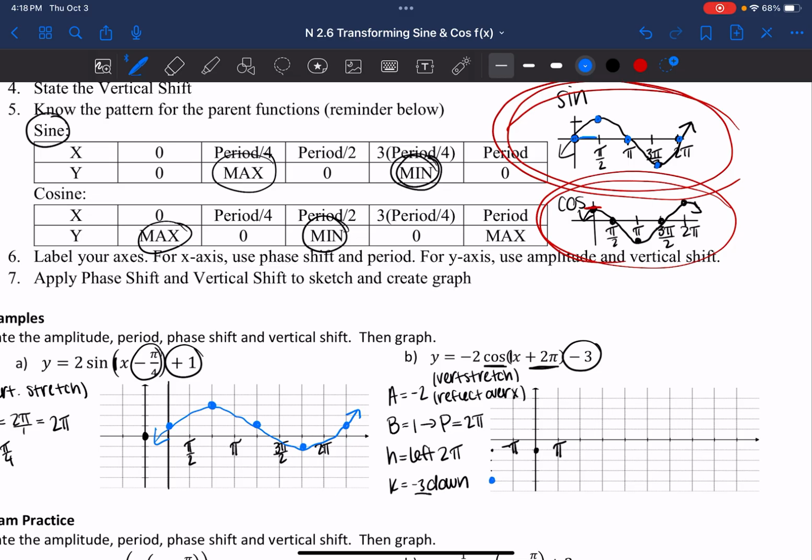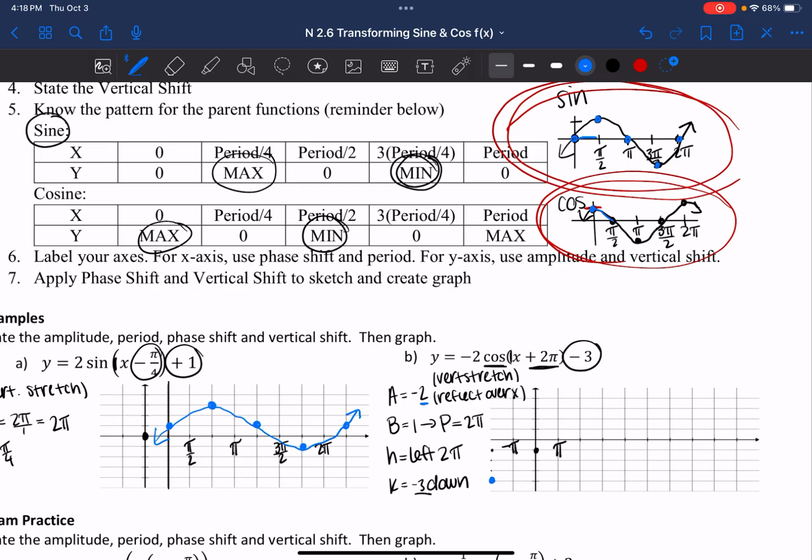And instead of it being a maximum, I was reflected, so now it's a minimum. So normally my maximum would then head to 0, so my minimum should now head towards 0. Well, since we've made our shift, we did have a stretch of 2.